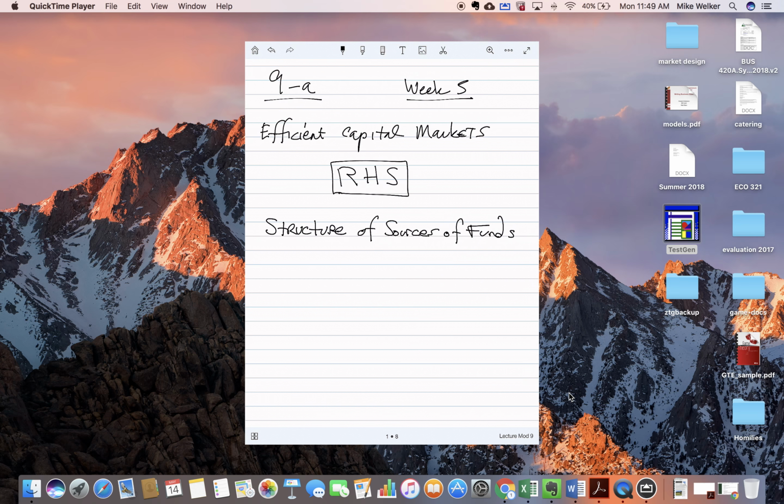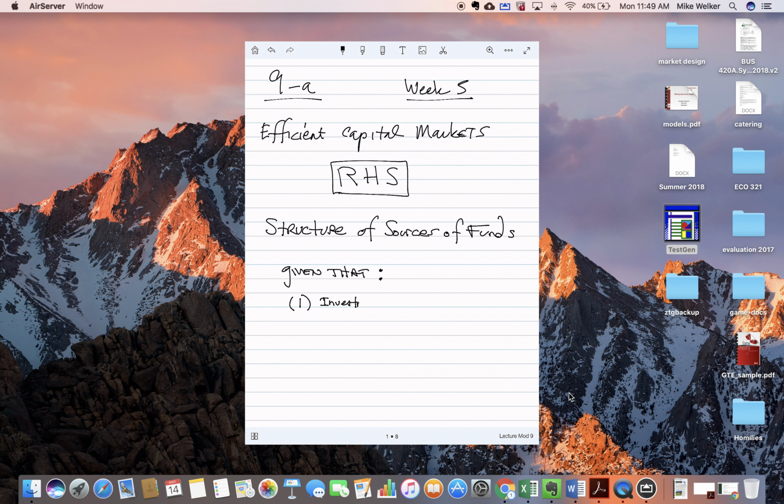So when we make this capital structure decision, we're going to have to establish that the two other financial decisions are going to be given. First, we're going to hold the capital budgeting decision constant. Investment decisions are held constant.